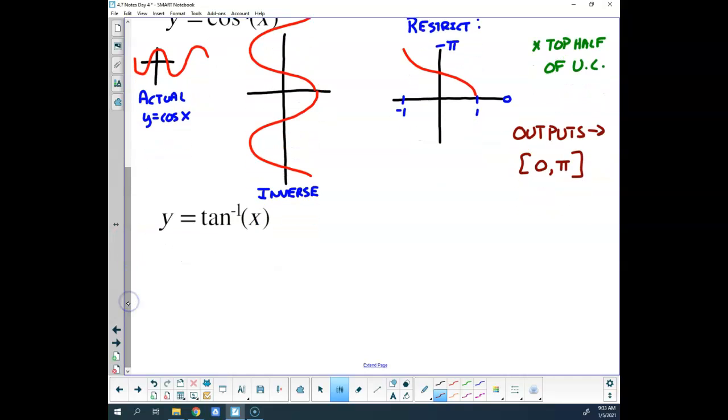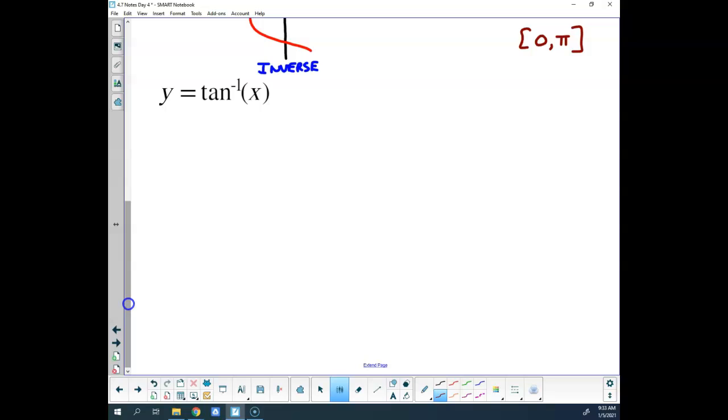And then finally, we get tangent. Tangent is a funky one of the funks.